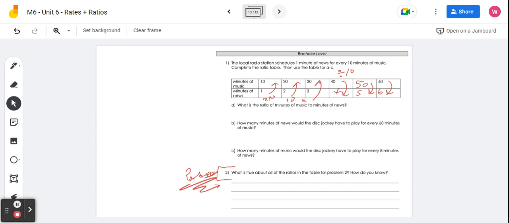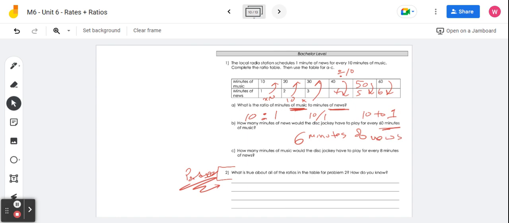So what's the ratio of the minutes of music? Minutes of music is first, and then news. Music is 10, news is 1. Or if you wanted to write 10 to 1, that's fine. How many minutes of news would the disc jockey, or the DJ, have to play for every 60 minutes of music? As we saw on the table, there would be 6 minutes of news for every 60 minutes of music.